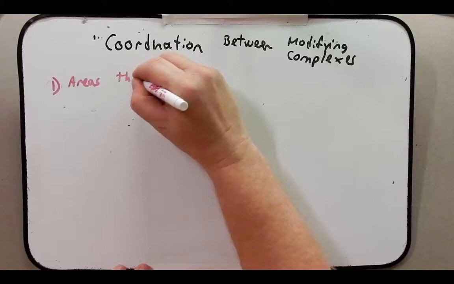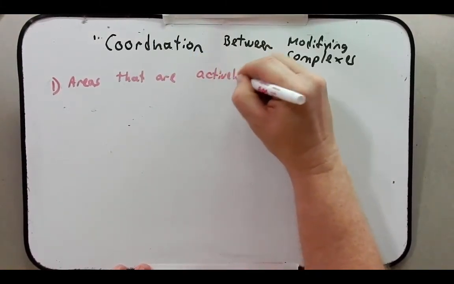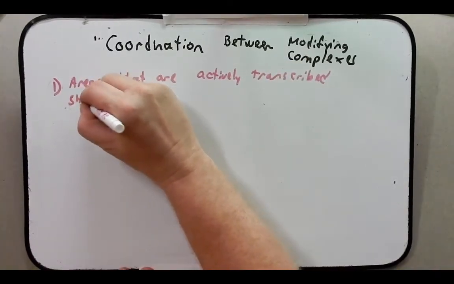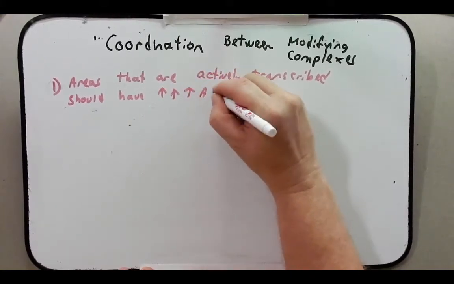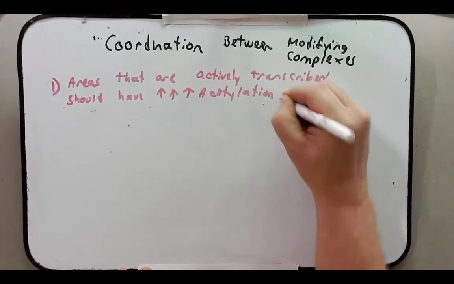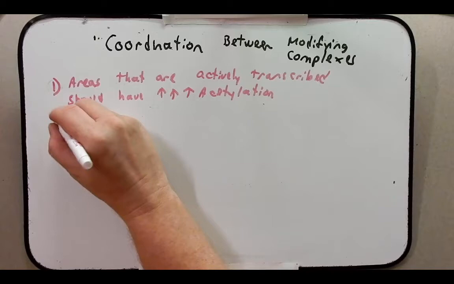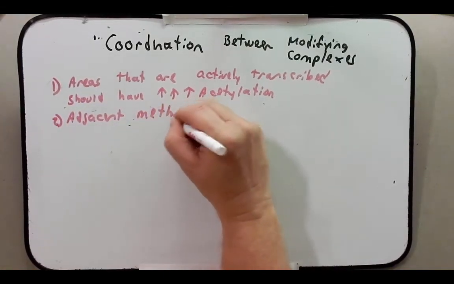Areas that are actively transcribed, we would predict should have a great deal of acetylation. Remember, it's not just one acetyl group added to one lysine. There should be several areas along those histones that have been acetylated, and in multiple adjacent histones. We would also predict that we would see some adjacent methylation in these areas that are actively transcribed.